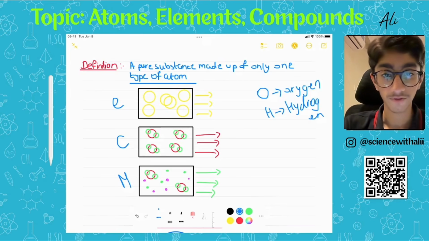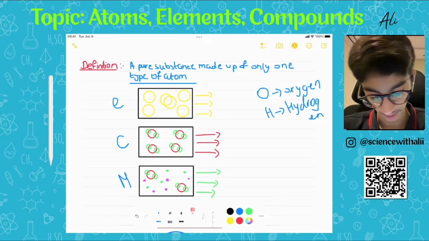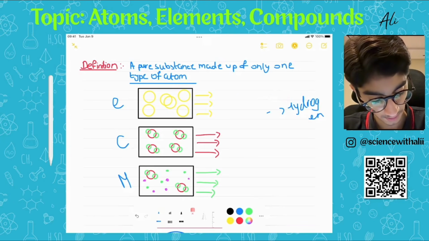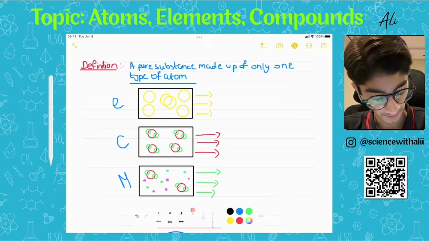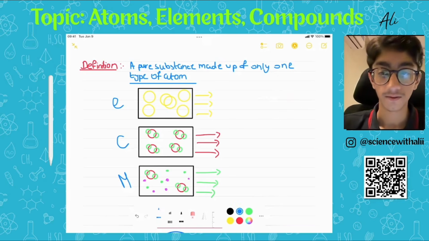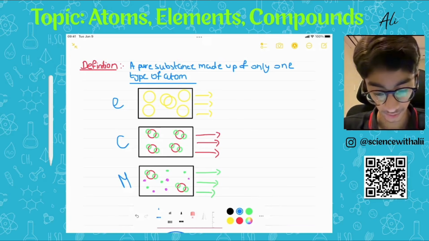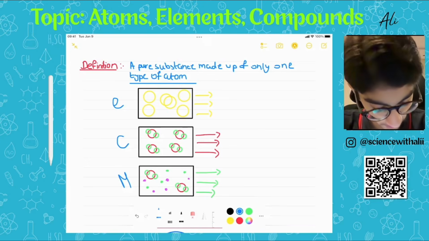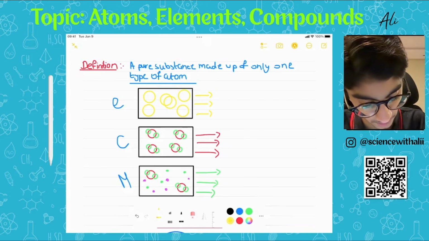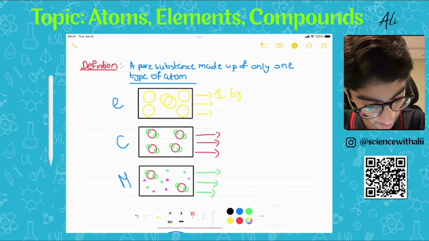Okay, so there are a few properties of elements which we need to discuss. Let me just tell you a fun fact first, that there are about 118 known elements, each with its unique properties. So elements contain one type of atom.